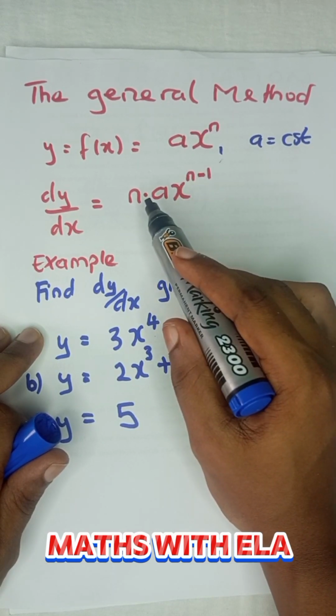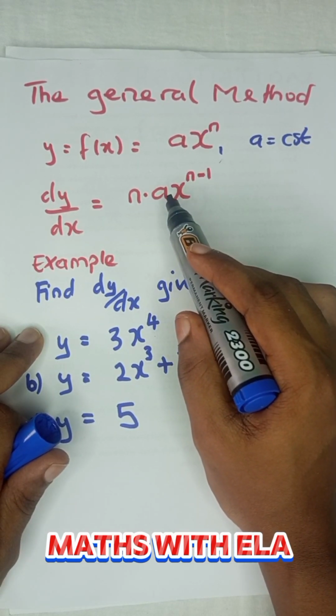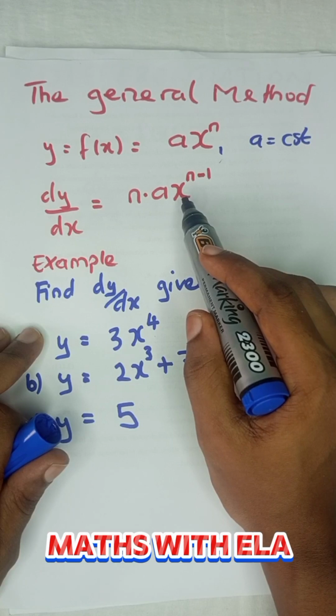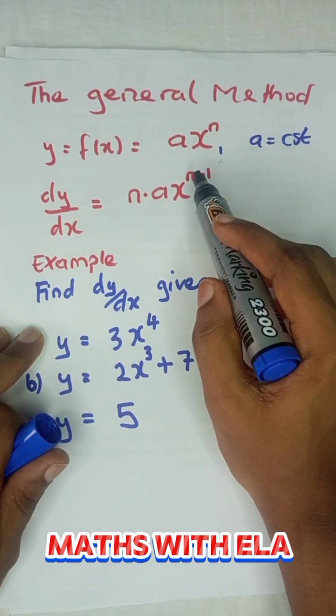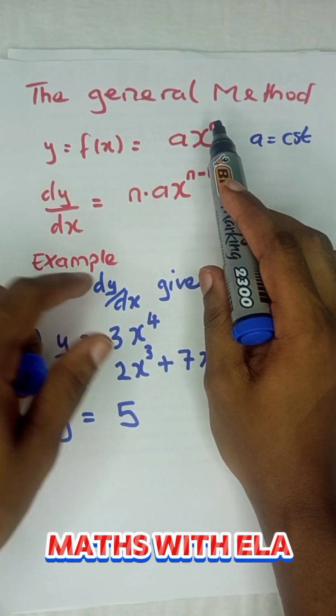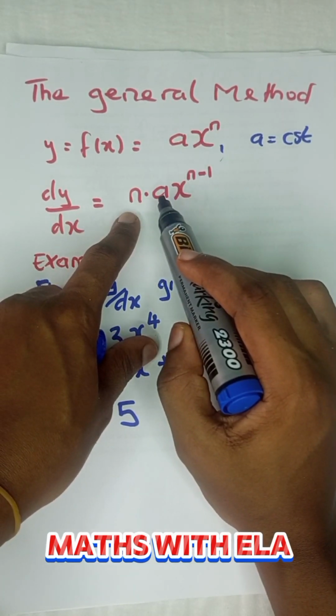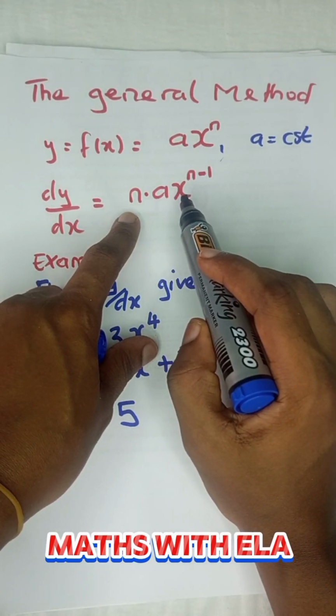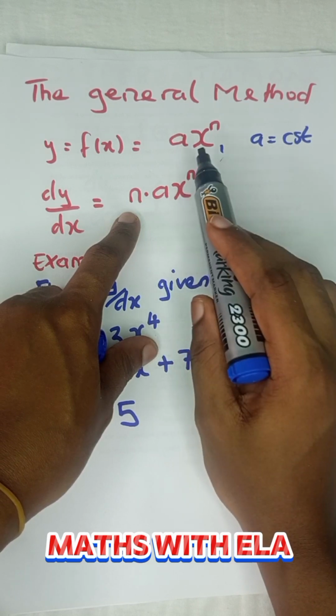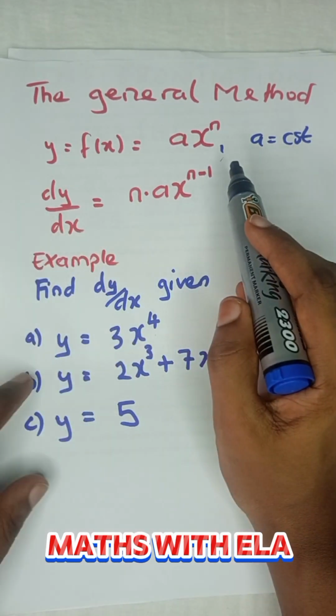You bring it down and multiply it with the constant, write back the x, and then subtract 1 from that power. That is, we bring down this power n, multiply it by the constant, write the x, and subtract 1 from the power.